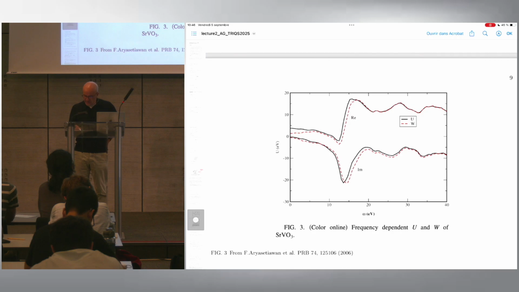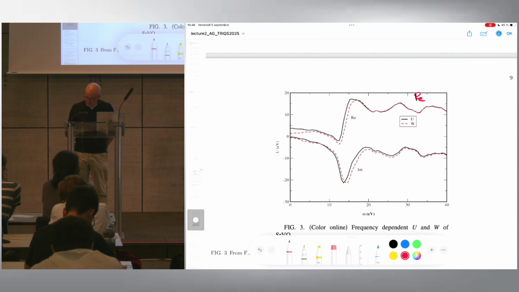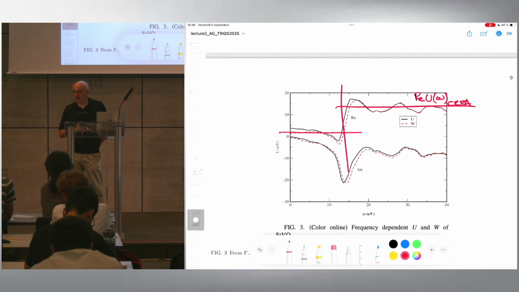This is the real part of U of omega, calculated from the CRPA approximation. This function is something like some value here, roughly speaking, a big jump here, and another value here.